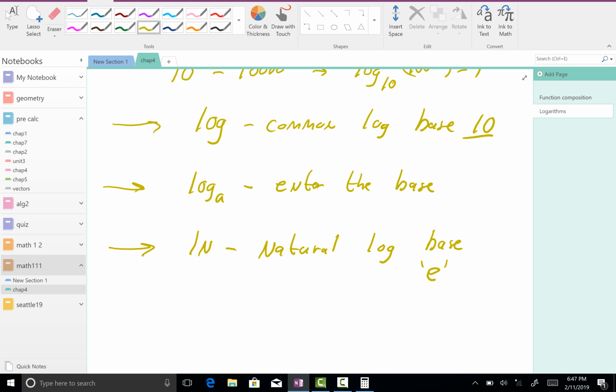How do I know which one to use? Well, log is just base 10. Log with the little a, you can enter any base you want. Ln is a base of E. But the definition of a logarithm is the key. That is the important thing.